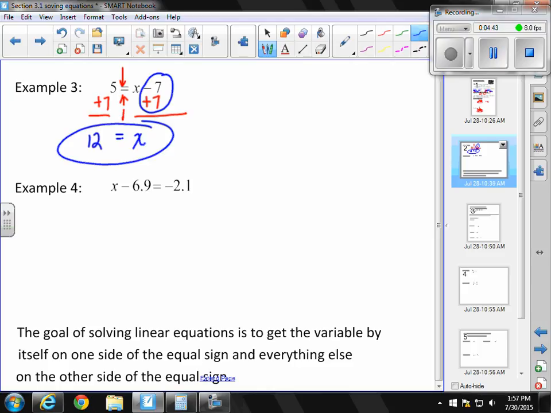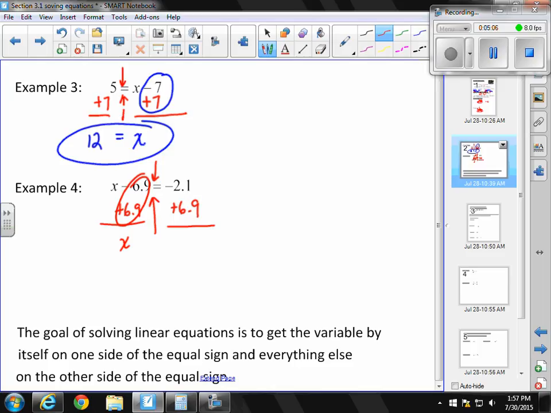Example 4 is x minus 6.9 equals negative 2.1. In this example, here's my equal sign, I'm going to add 6.9 to both sides of the equation so that I can get the x by itself. Again, minus 6.9 plus 6.9, those add up to 0.